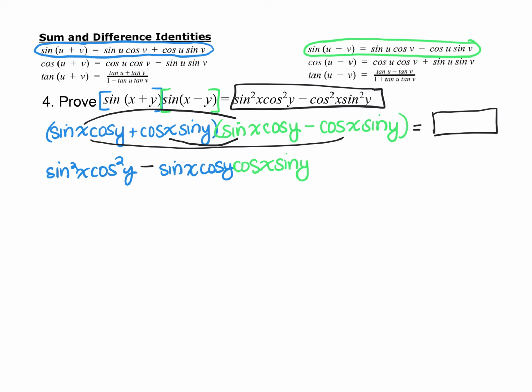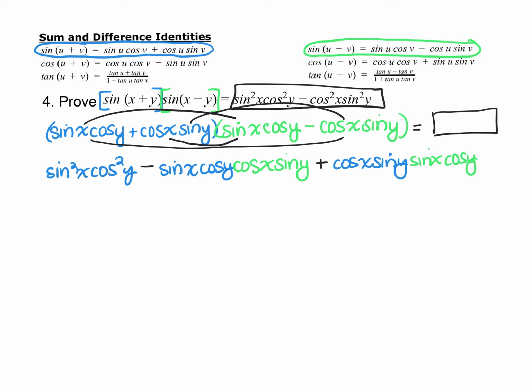So it'll be plus cosine of x sine of y times sine of x cosine of y. And then my last terms. So it's a negative times a positive, which is a negative. And it's really just cosine of x sine of y times itself.